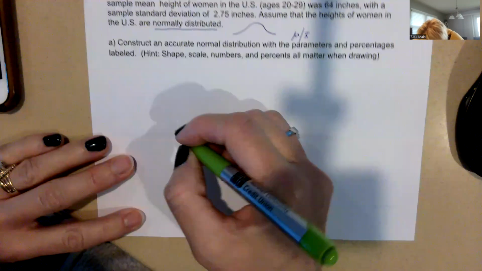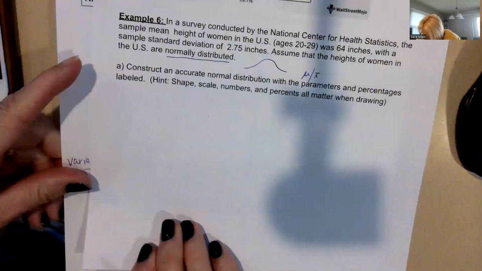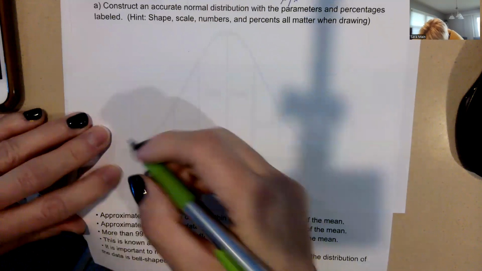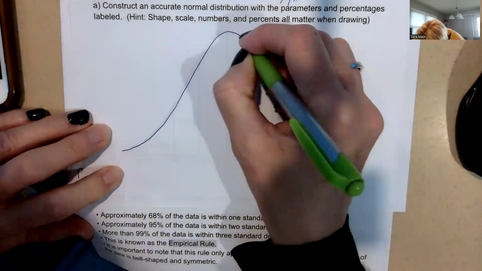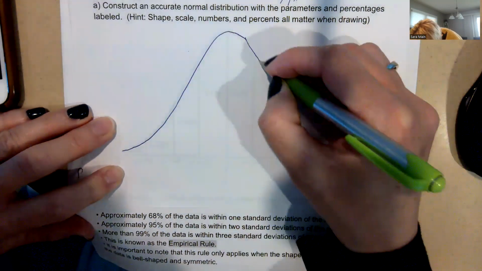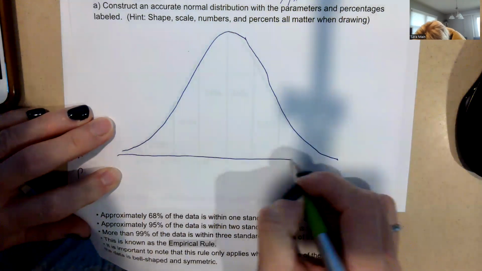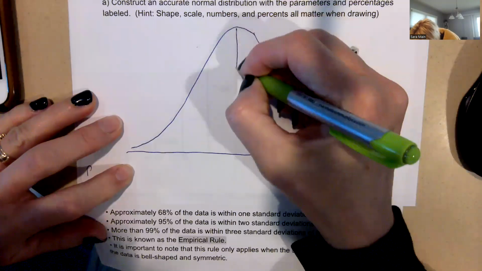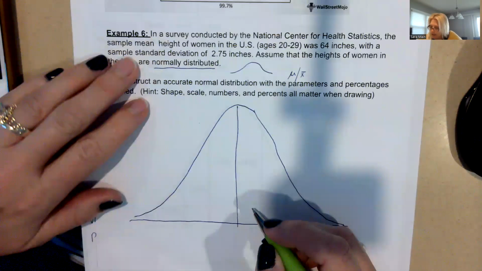So let's draw our first one here. The first thing I'm going to draw is my center, and that's going to be a sample mean because they had sample data.